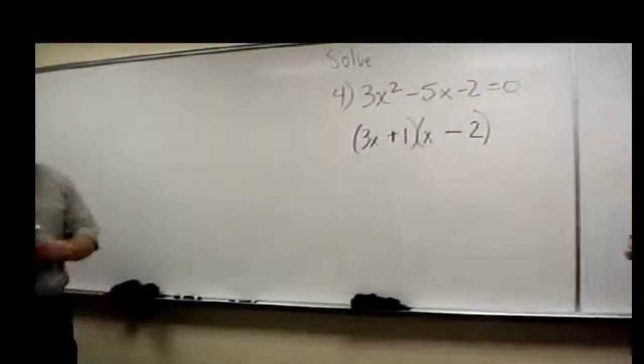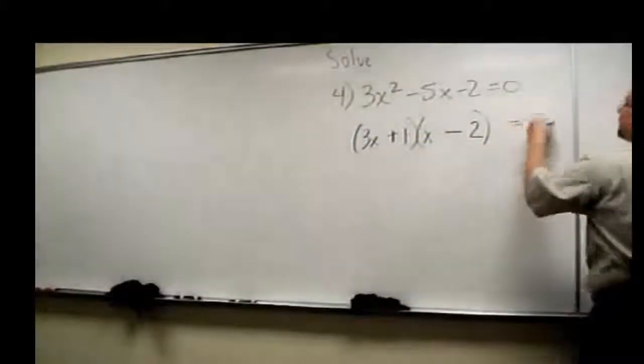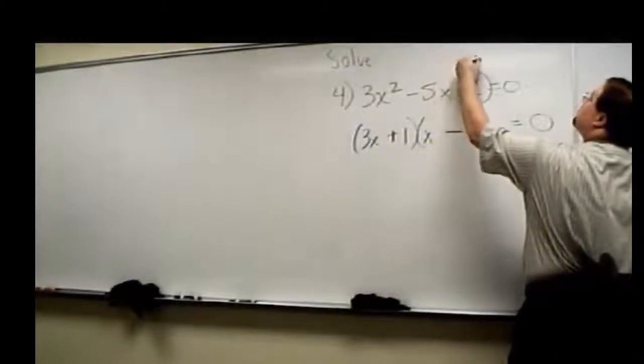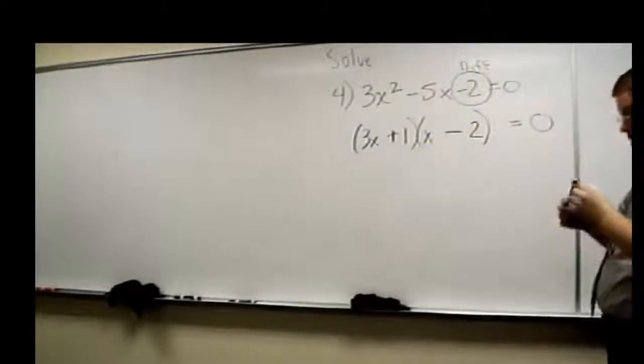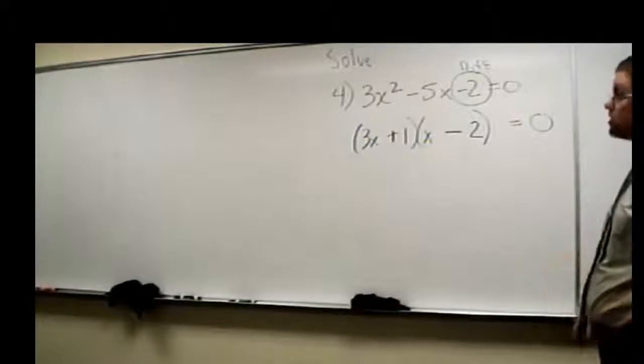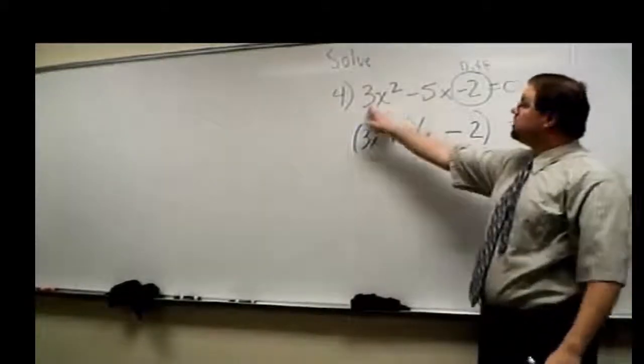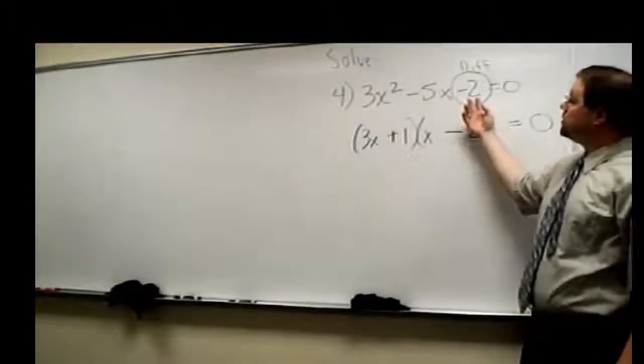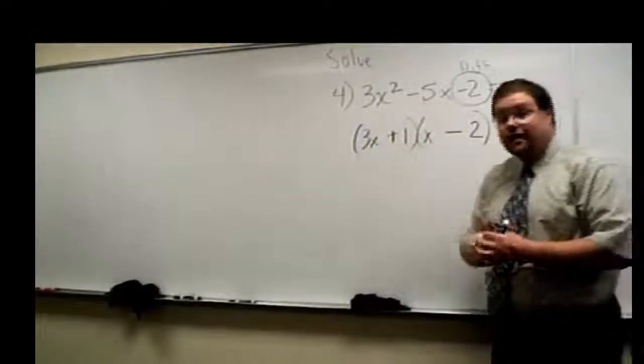Professor Kasha, could you check my factors? Yes, I can. First, we'll get to equal 0. First thing, the signs are different because of this last number here, so we know it's going to be different. And we're going to quickly check to make sure it's correct by checking the middle, because as Professor Watson said, 3x times x is 3x squared. 1 times negative 2 is minus 2 here, so we know these two terms are good. So I'm going to use a necklace as a check.